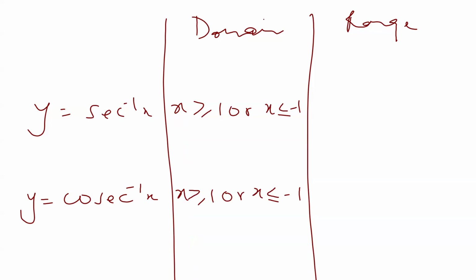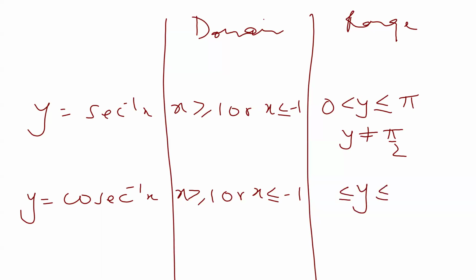And the range, that is the angle y, will lie between 0 to pi for sec inverse. Pi is inclusive, and here y cannot be pi by 2. For cosec inverse x, y lies between minus pi by 2 to pi by 2, and here y cannot be 0. So you need to remember the domain and range individually.